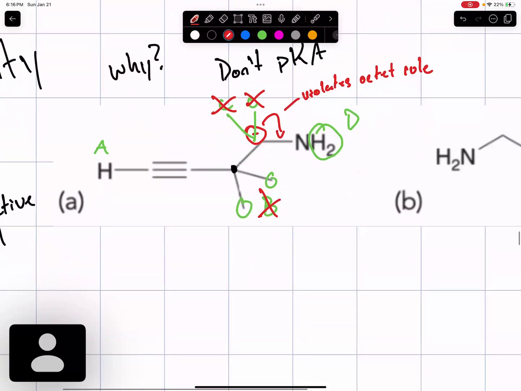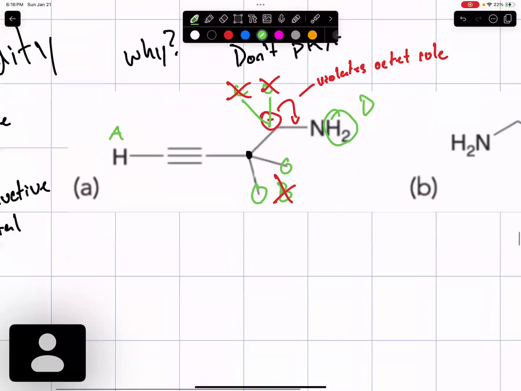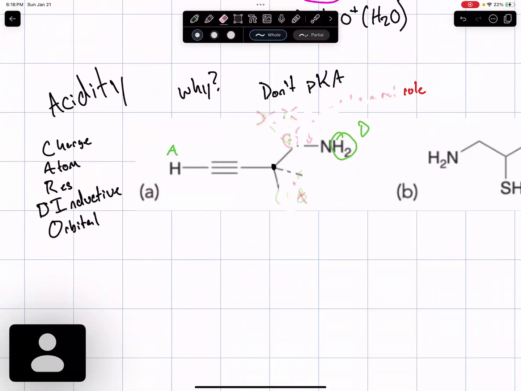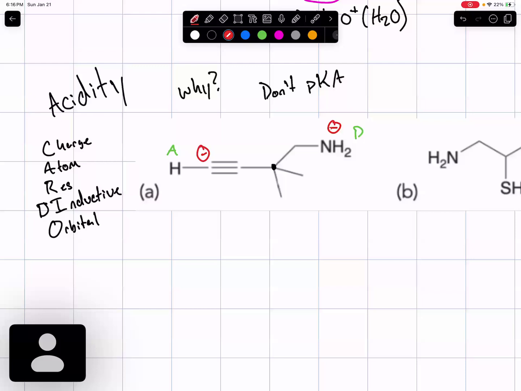So really we're comparing A and D. And if we're comparing A and D, okay, maybe I should just erase all this because it's getting messy. If we're comparing A and D, what seems more correct? Would it be nitrogen with the negative charge? Or if we deprotonated here, would it be the acetylide ion with the negative charge?